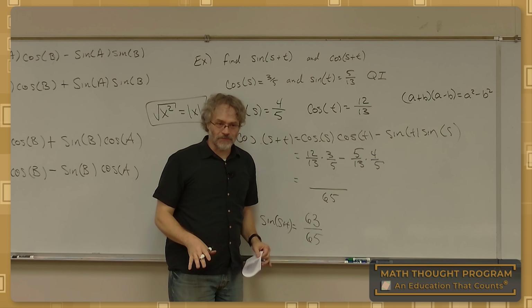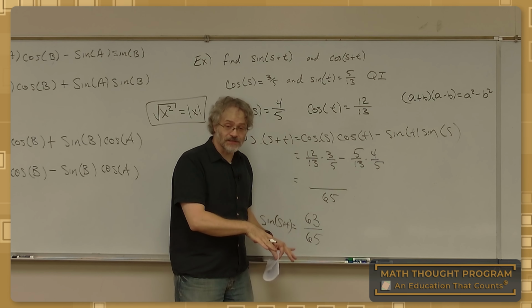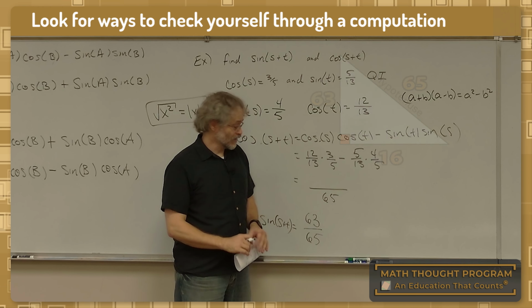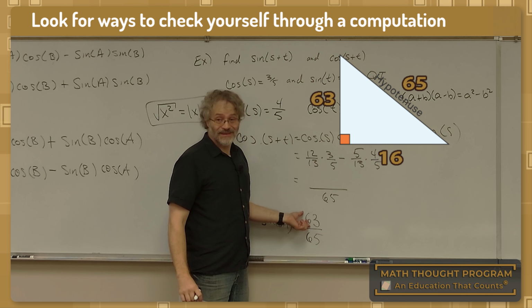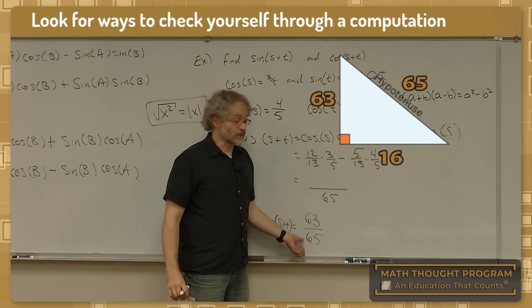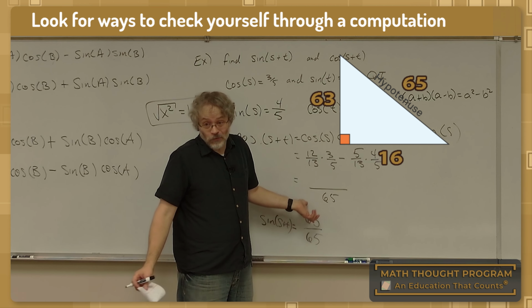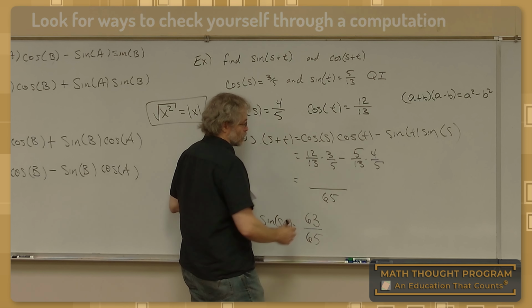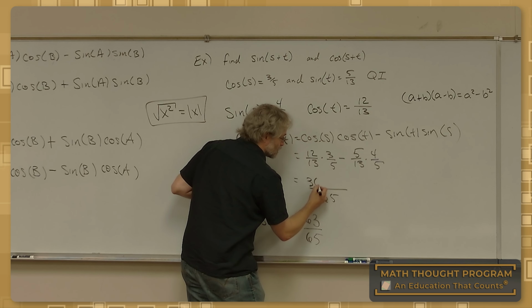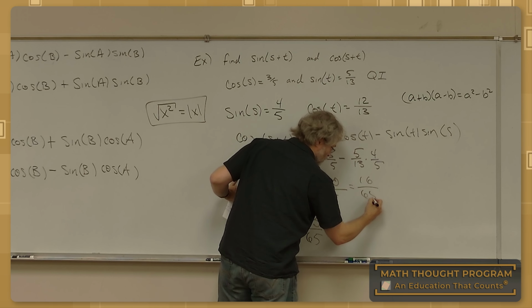And it should be the same, shouldn't it? Because cosine is the adjacent side over the hypotenuse, and sine is opposite side over the hypotenuse. So I should get the same thing there. Otherwise, we're going to be in a world of trouble. Okay, so we're going to get 36, subtract off 20, 16 over 65.